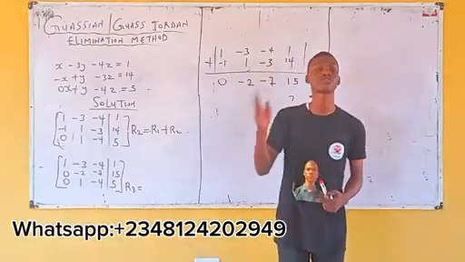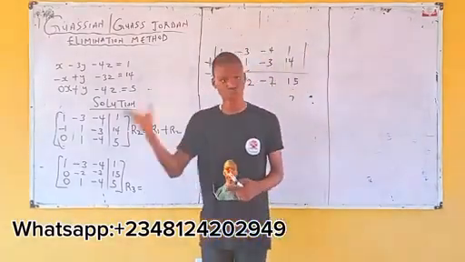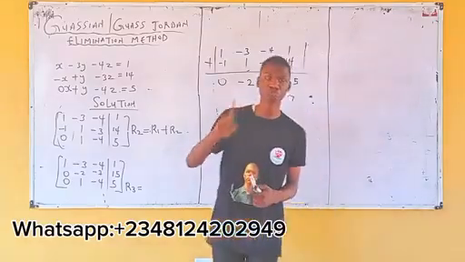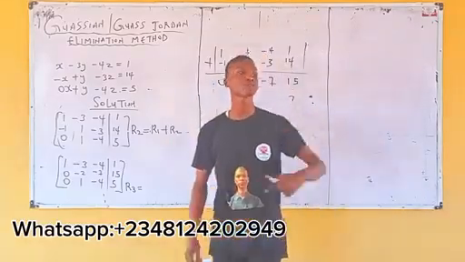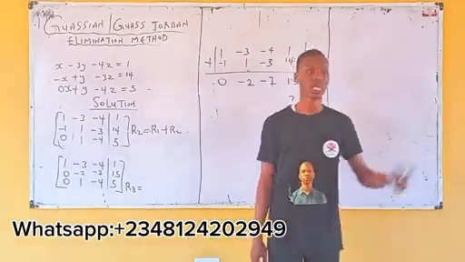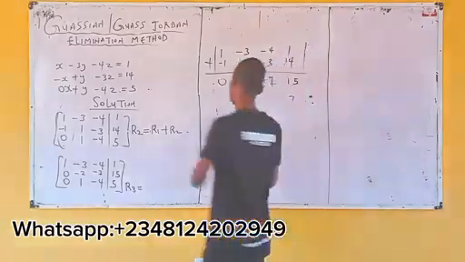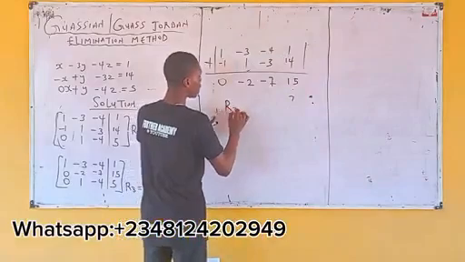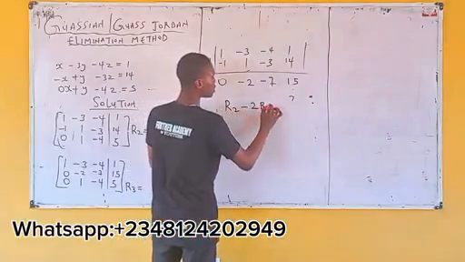Partially correct. It is row 2 plus 2 row 3. If you are telling me row 2 minus 2 row 3, meaning -2 times 1, that's -4. This is what I am saying. Row 2 minus what? 2 row 3.